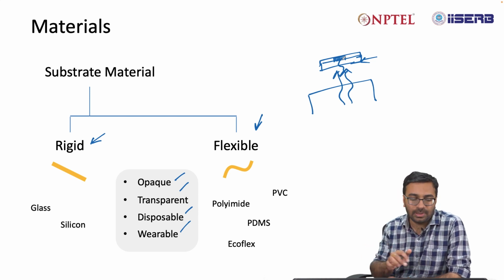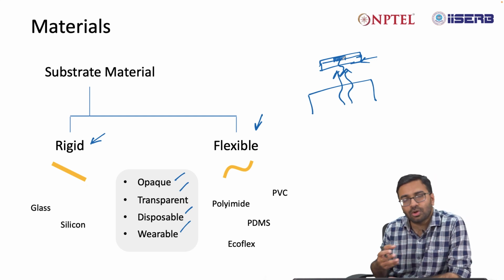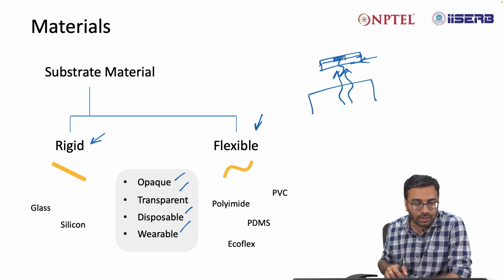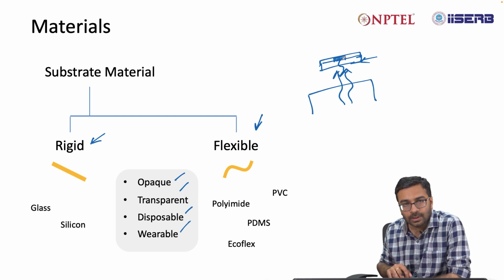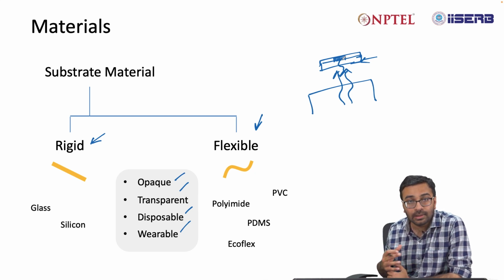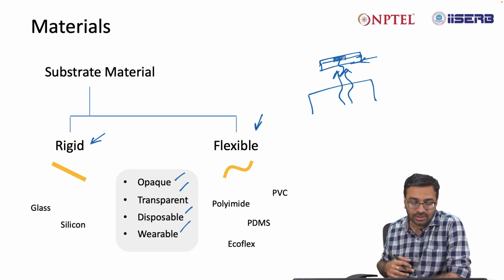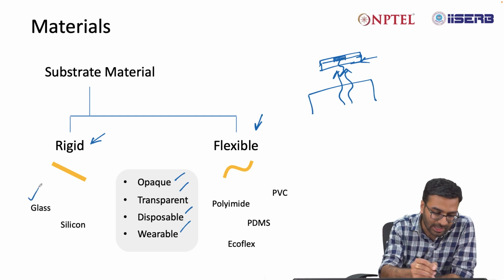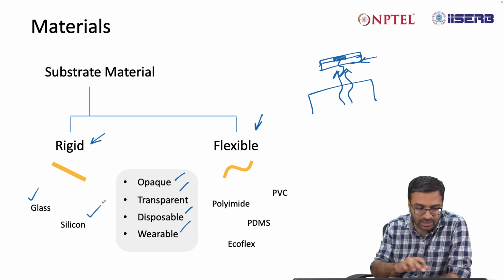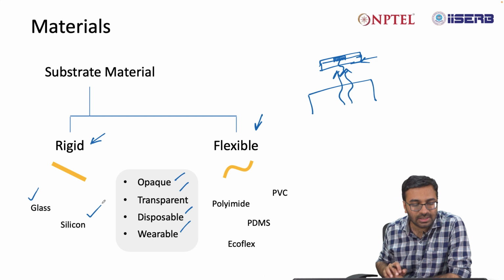So these are different sub parts of the substrate consideration. In a broader aspect, you either need a rigid substrate or a flexible substrate for making a sensor. Now, two very well utilized, or I would say popular, substrates are glass and silicon. Both these substrates are widely used as rigid substrates.